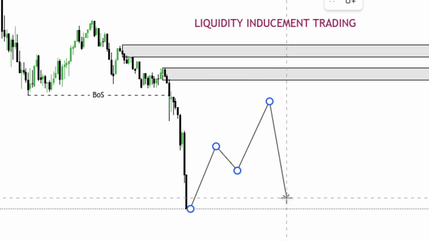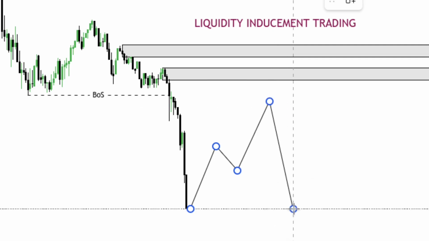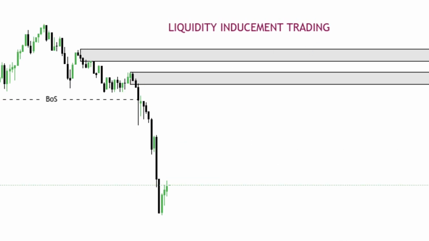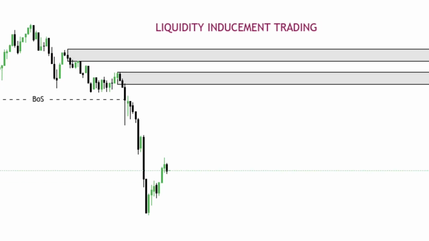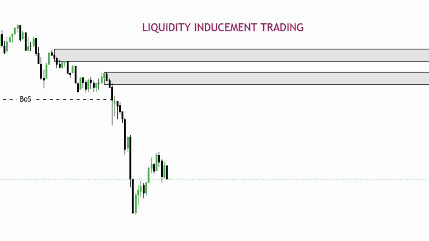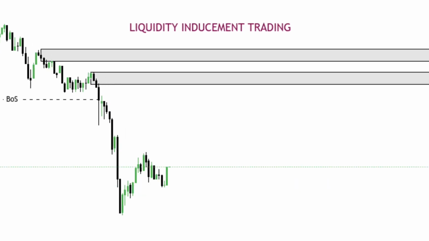And then after that, we have to see the prices coming back to the original point where they were before. So basically, what will be seen around this area is the prices first of all will try to retrace back to the original supply zone before they start selling again.